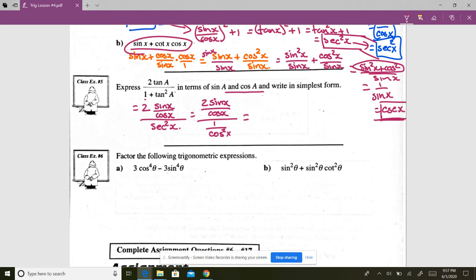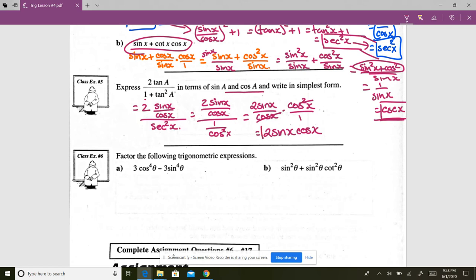You flip the denominator. So it's 2 sine x cos x times cos squared x over 1. This cosine cancels one of those, and I'm left with 2 sine x cos x.